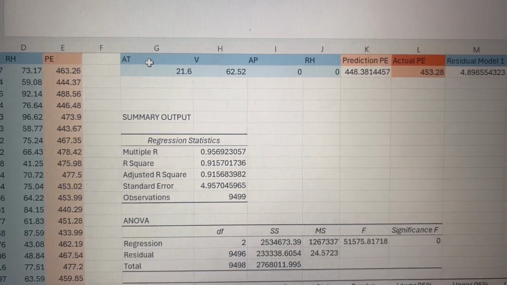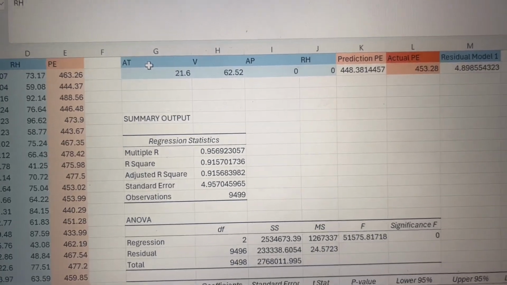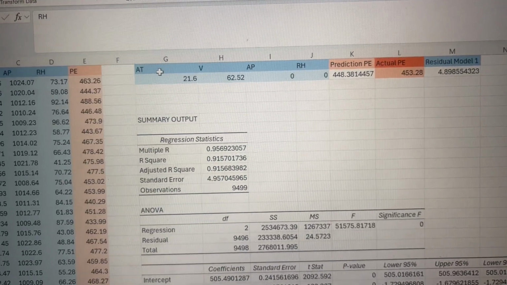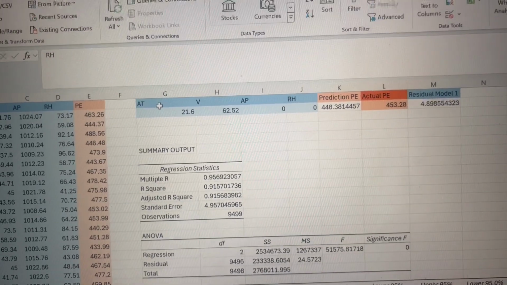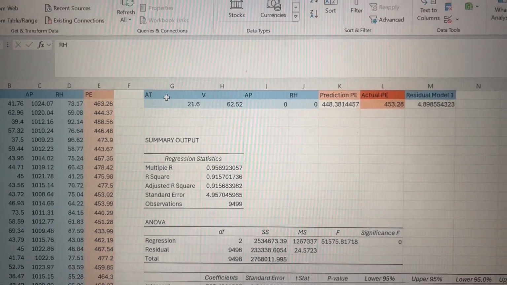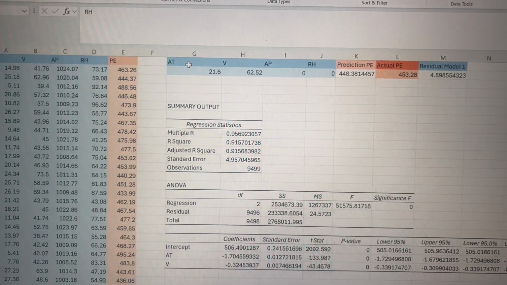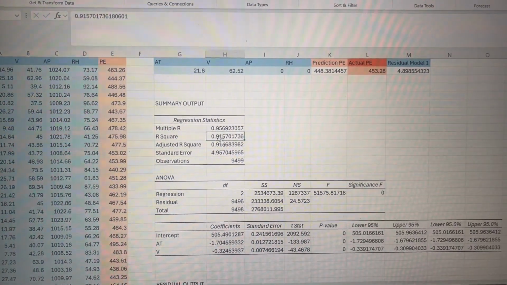So that's a pretty high R square of 91.57%. So 91.57% of the variance in the electrical energy output can be explained by temperature and vacuum here in the R square.